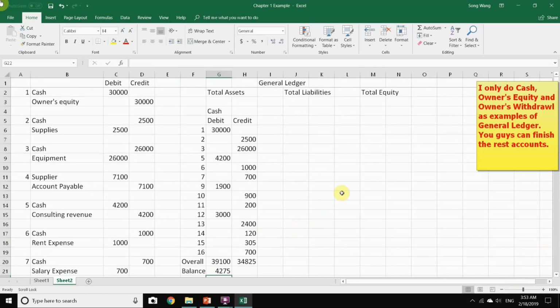And then I want you guys to record all the others. You have an owner's equity. Once again, you're going to record it as debit and credit. So you will have an owner's equity. So just copy, paste. So that's from the first transaction, and that is $3,000 owner's equity.